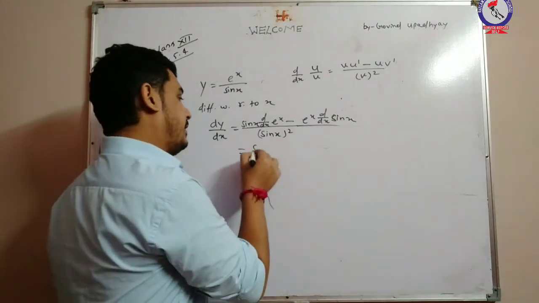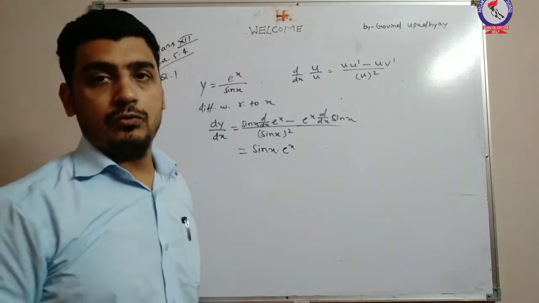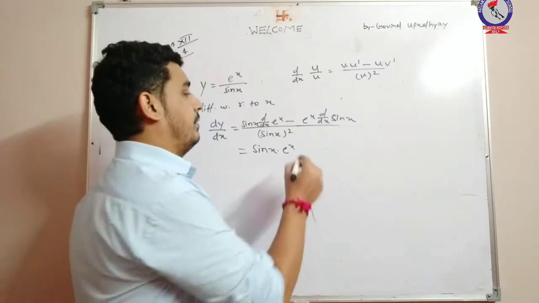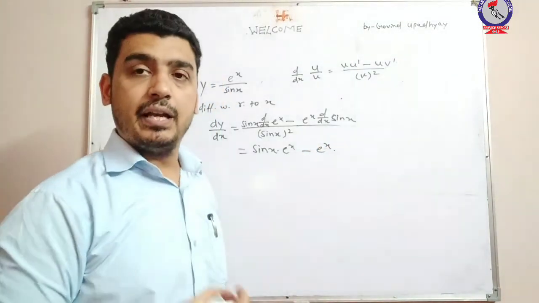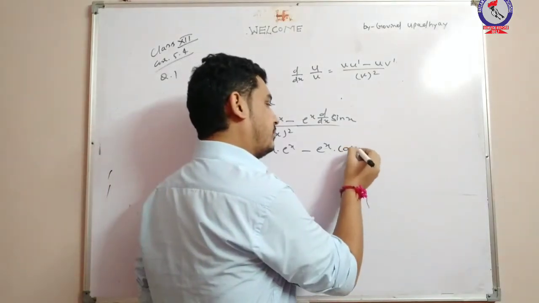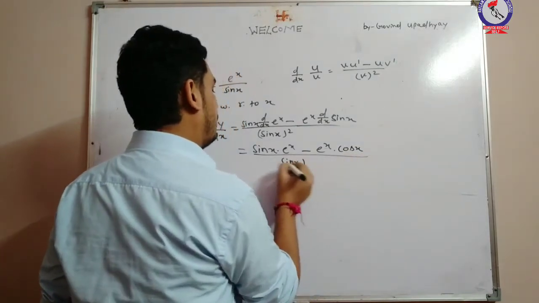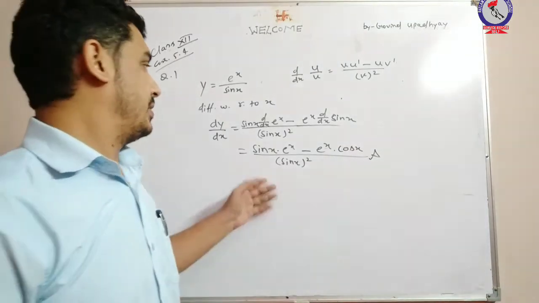Answer will be sin x e to the power x, because differentiation of e to the power x is e to the power x, minus e to the power x sin x d by dx of sin x, that is cos x, upon sin x whole square. This is the answer. Very simple question.